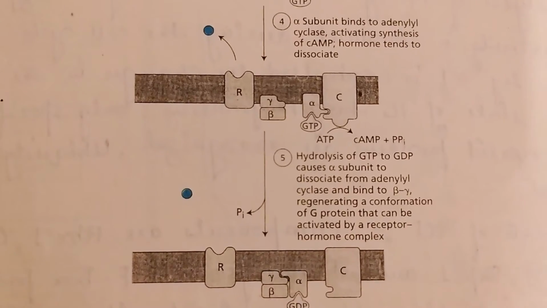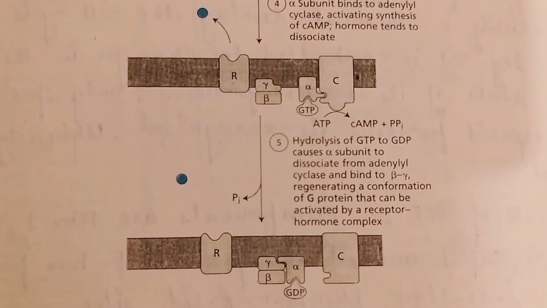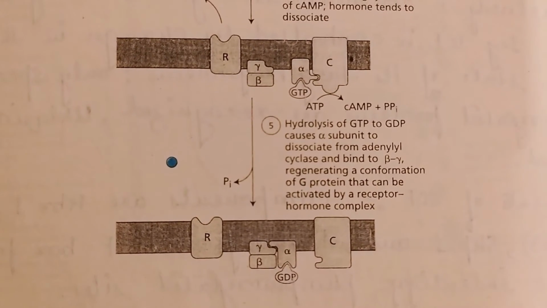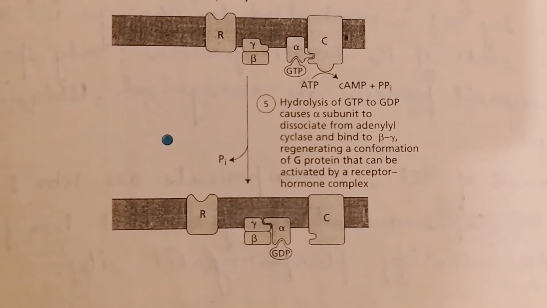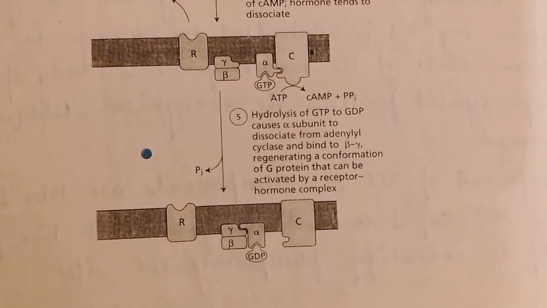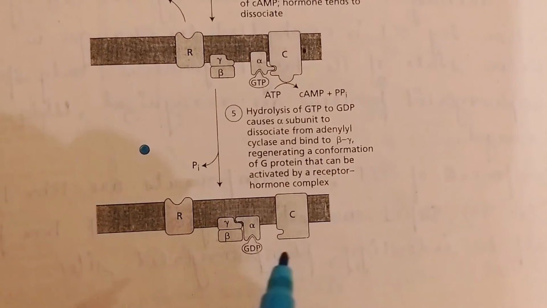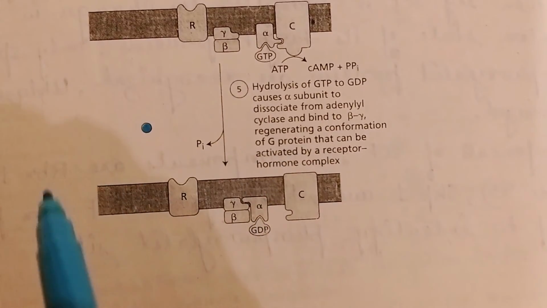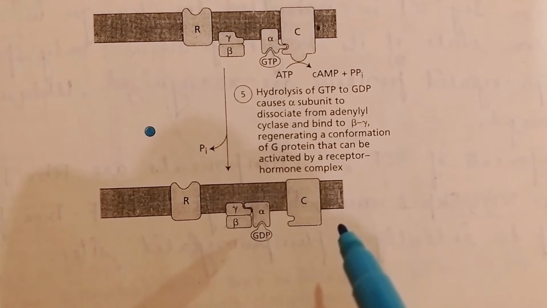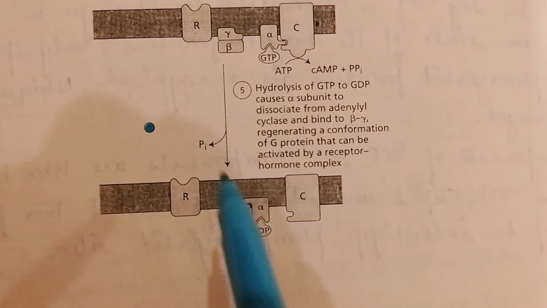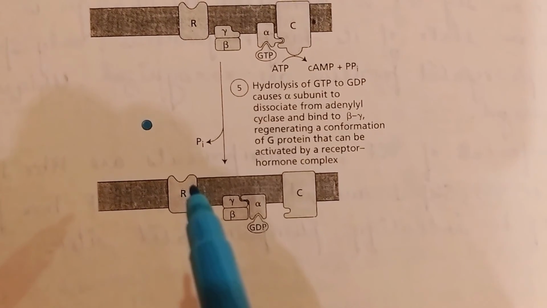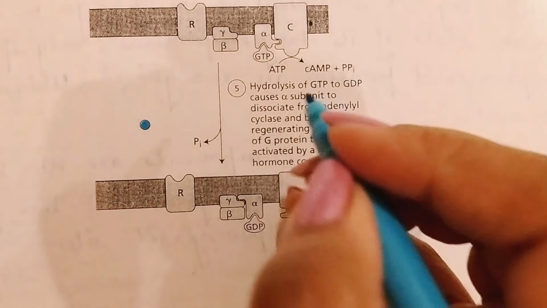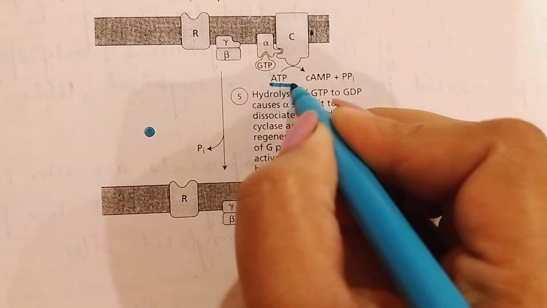The intrinsic GTPase activity of the alpha subunit hydrolyzes GTP to GDP. Once the GTP gets hydrolyzed, we again get back the step with which the cascade started. So this receptor is once again ready for another set of hormone binding or ligand binding. This reaction is to be noted.